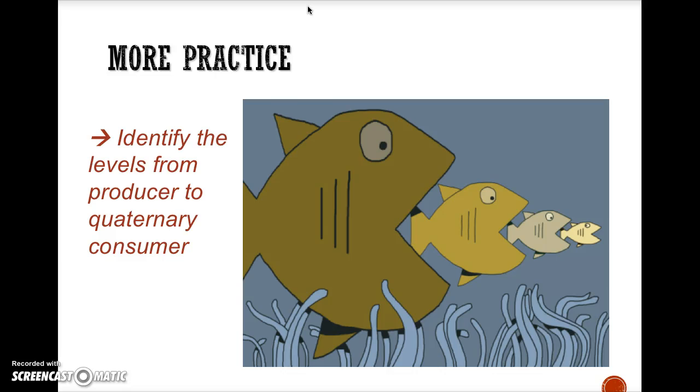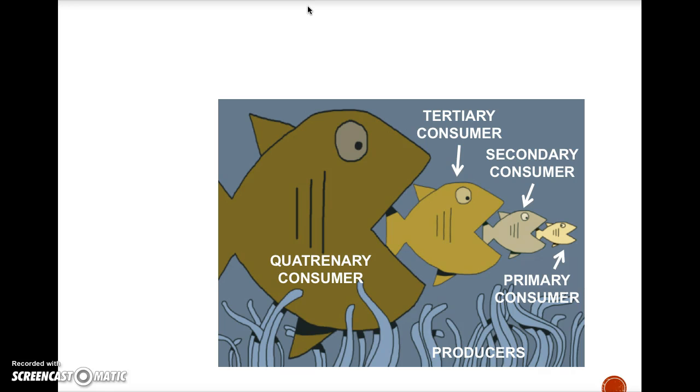Hopefully you took a moment and identified all of these. So the answers: this would be the quaternary consumer, tertiary consumer, secondary consumer, primary consumer, and the producers would be these down here. So hopefully that's what you got. If you didn't, you should probably practice.